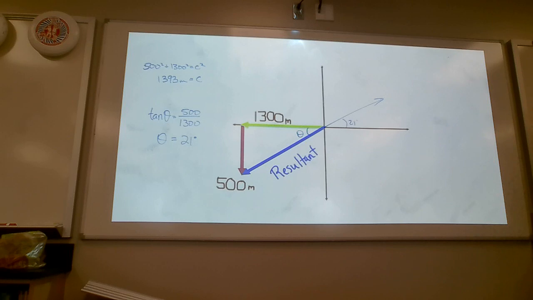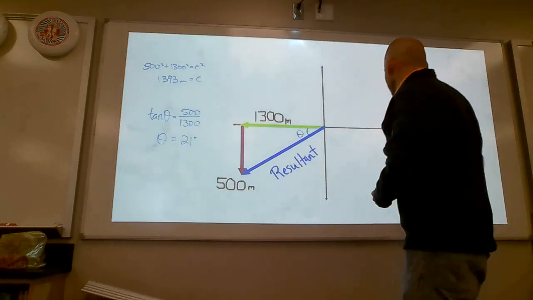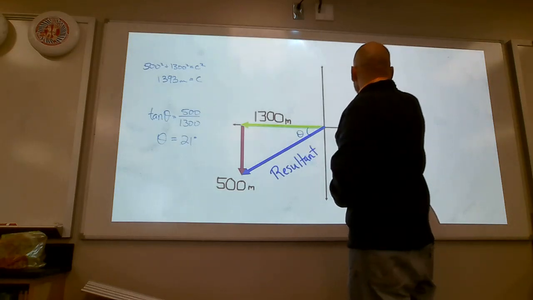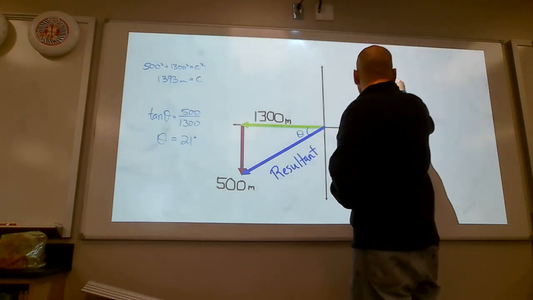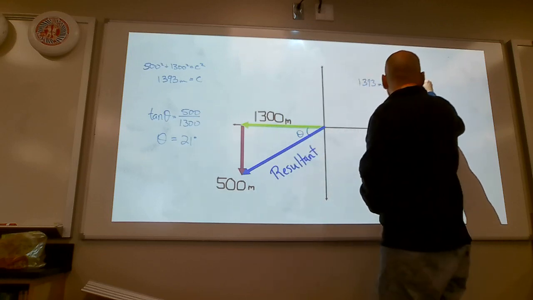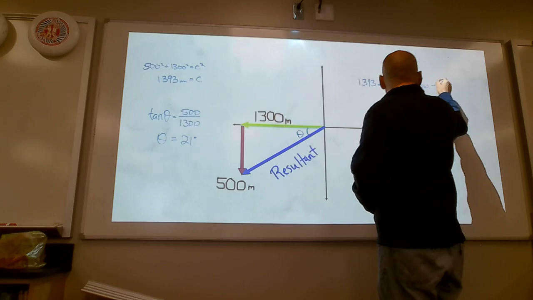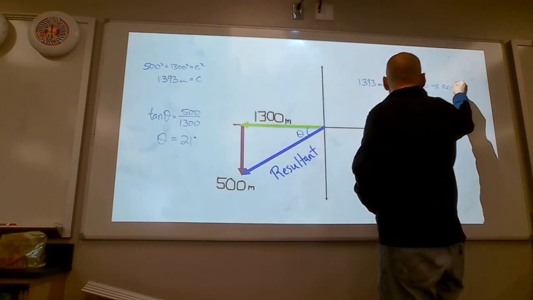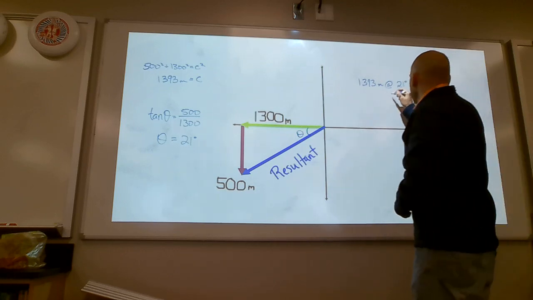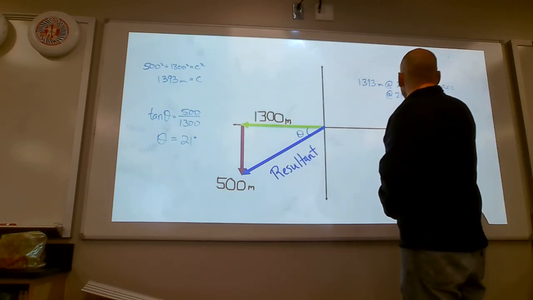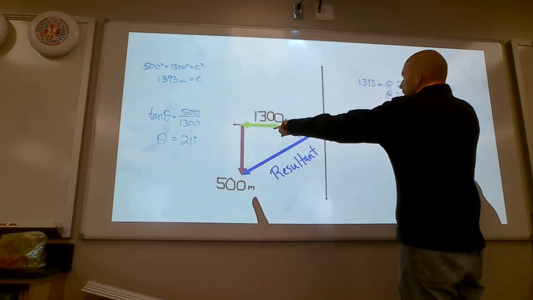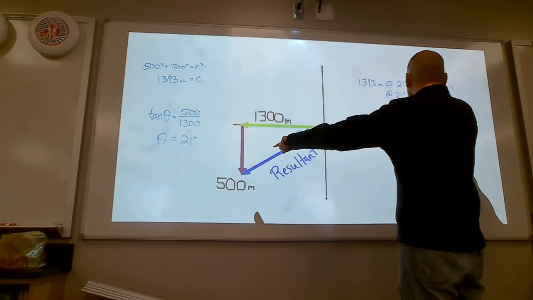Okay. So you've got some choices here. You could say the resultant is 1,393 meters at 21 degrees below negative x-axis. Could say that. You could say at 21 degrees south of east.